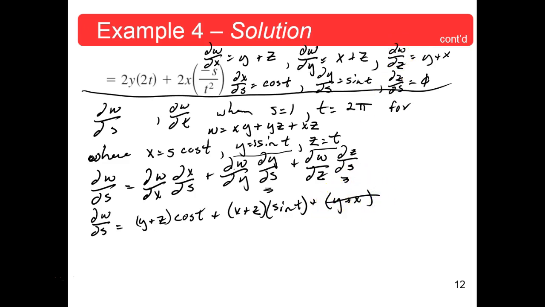So we could have left that one out completely, because that last part is 0.